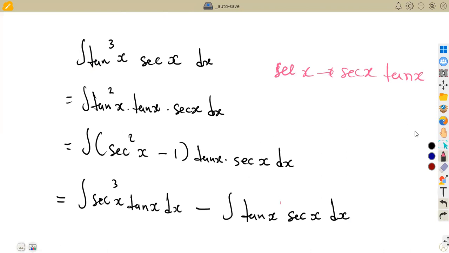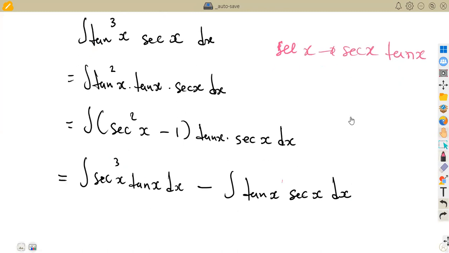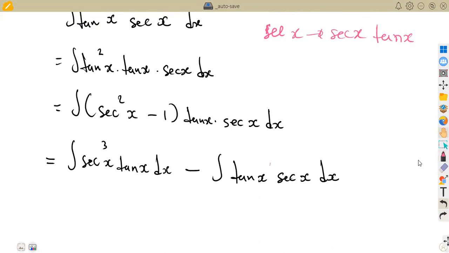Let's see this. Because we need sec x tan x, here we are going to remain with sec x. For us to have sec x tan x, we are going to write it this way. You're going to have sec squared x like this, then we just write our sec x tan x aside.